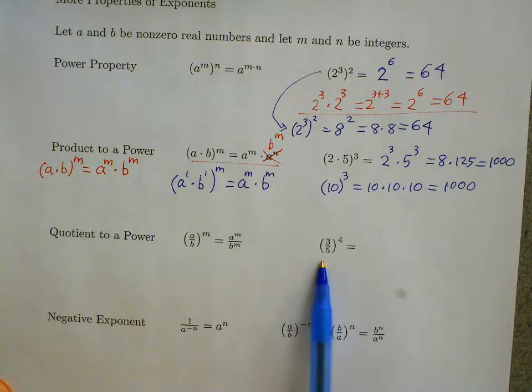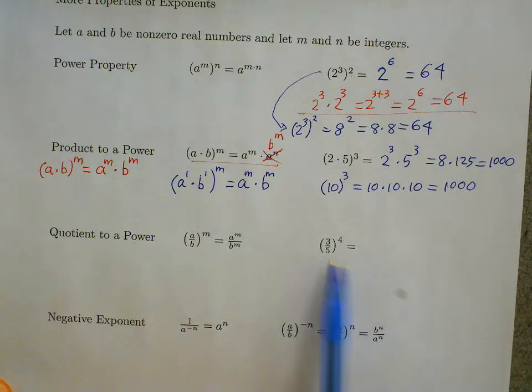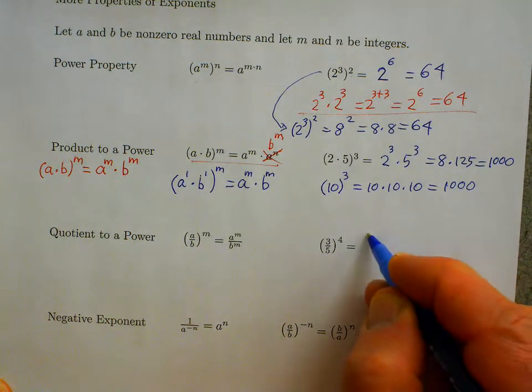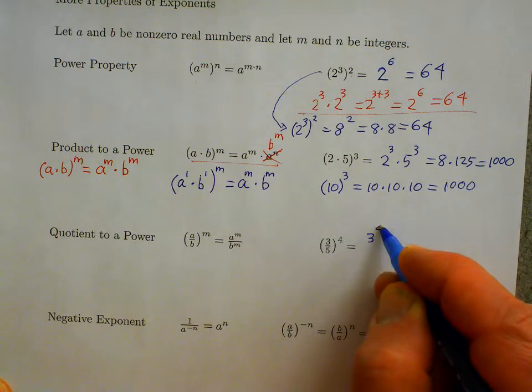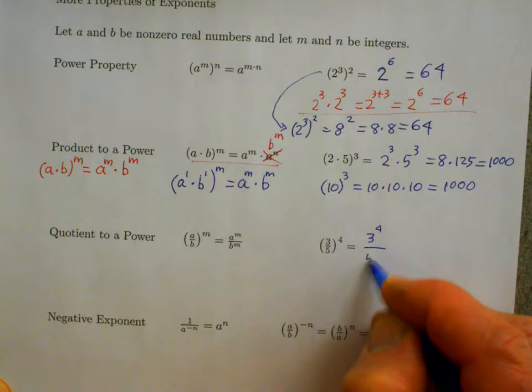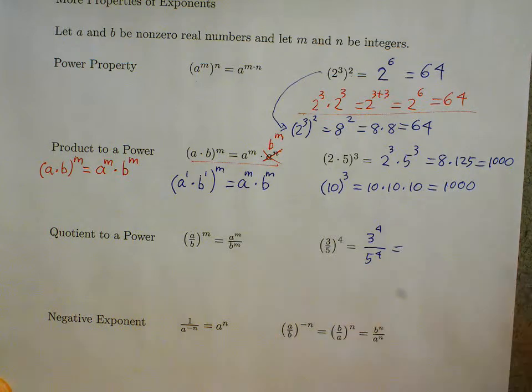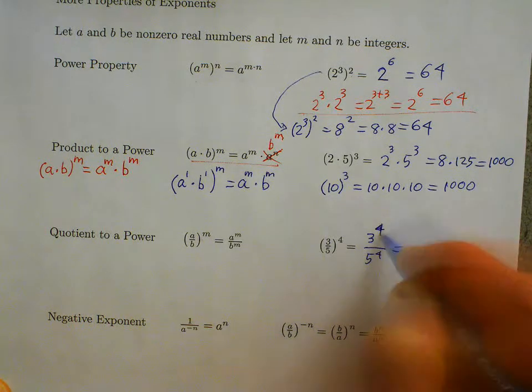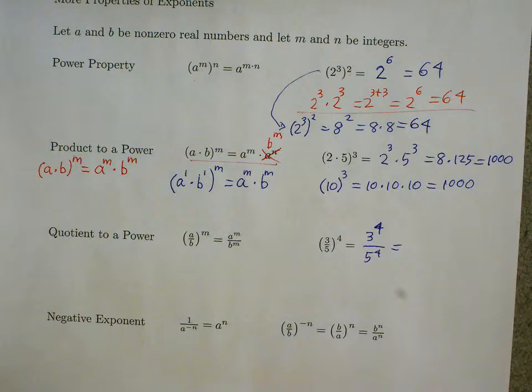Okay, so in this example, the fraction 3/5 raised to the 4th power, if we apply this property directly, in the numerator we'll get 3 to the 4th, and in the denominator 5 to the 4th. And we can simplify these.